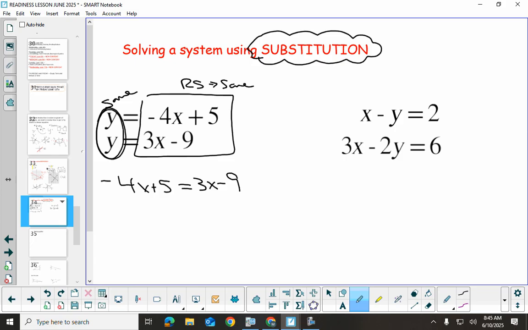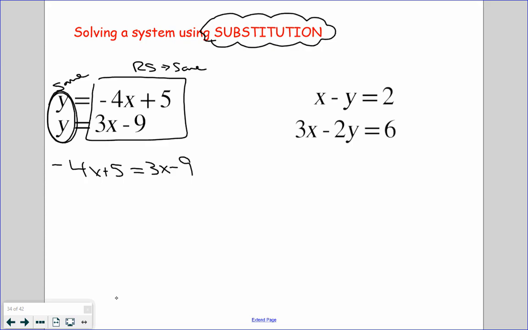That's this method. Okay. So once you have it to this stage, you're literally just going to go back to grade 8. X's to one side, numbers to the other. Now again, it doesn't matter if you bring the x's to the left and the numbers right, or the x's to the right and the numbers to the left. For me, I prefer to bring the small x to the side of the big x.